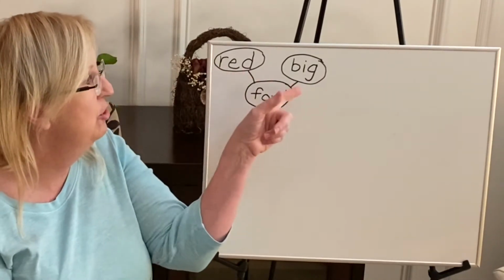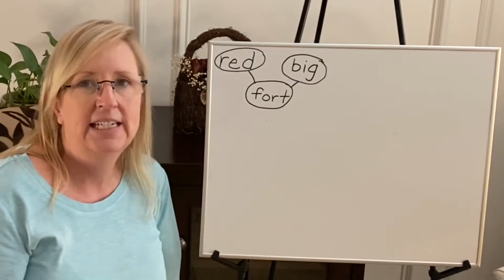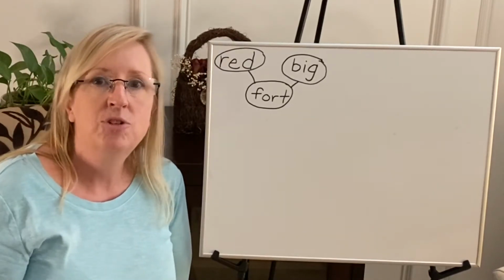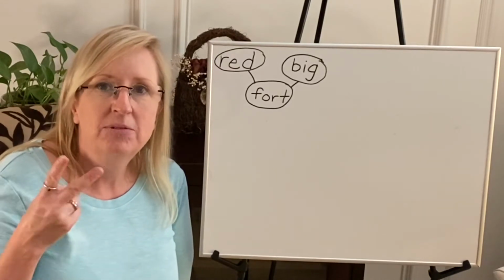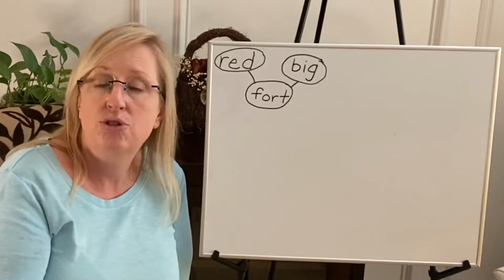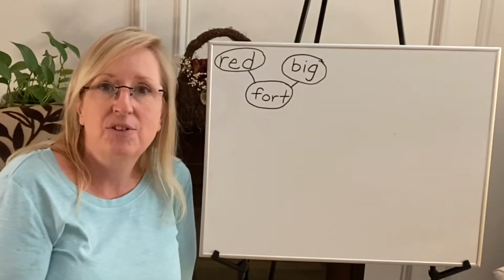I have two ideas, and I want one more thing to say about my fort. When I'm doing writing, I like to be able to say two facts, things that are real and true about the thing that I'm writing about, which today is the fort.